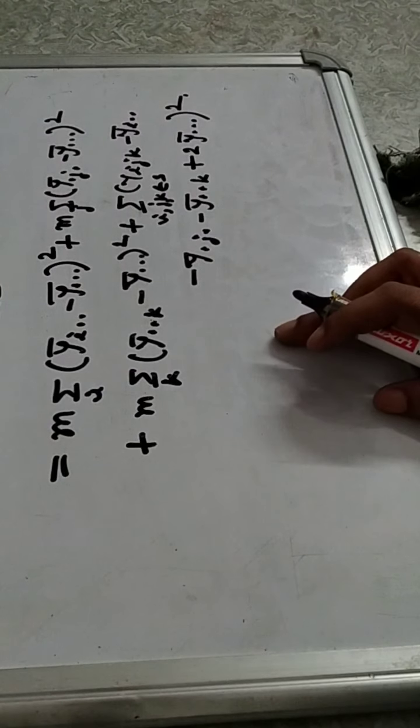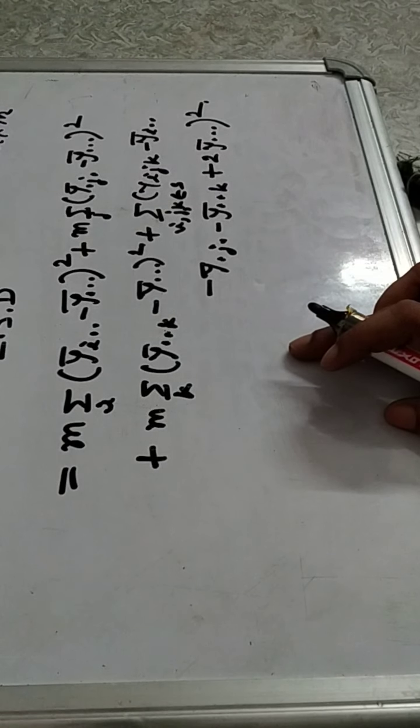Here the product term vanishes since the algebraic sum of deviations from mean is 0.